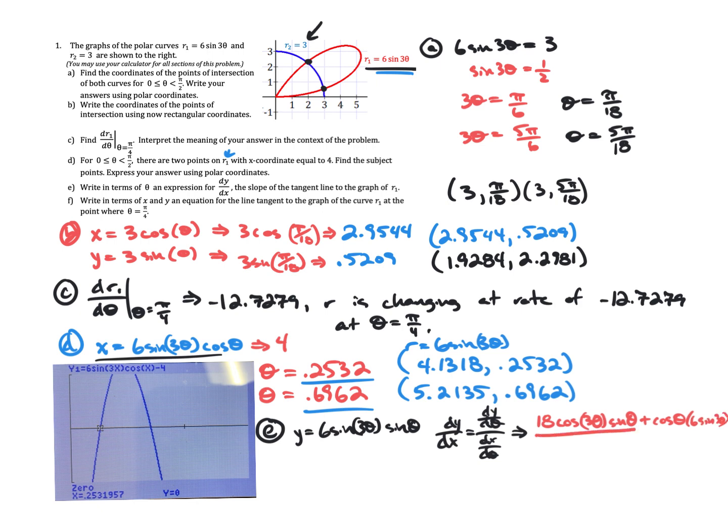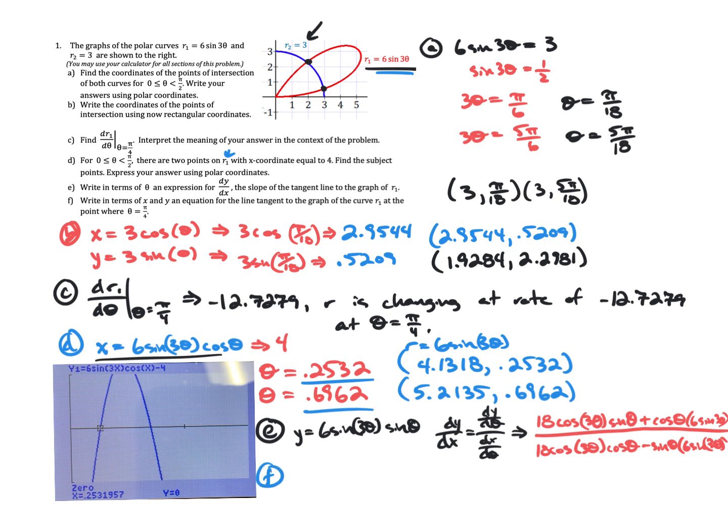All right, and then over the derivative of x now. So now we'd end up with 18 cosine of 3θ times cosine θ, and then minus sine θ times 6 sine of 3θ.